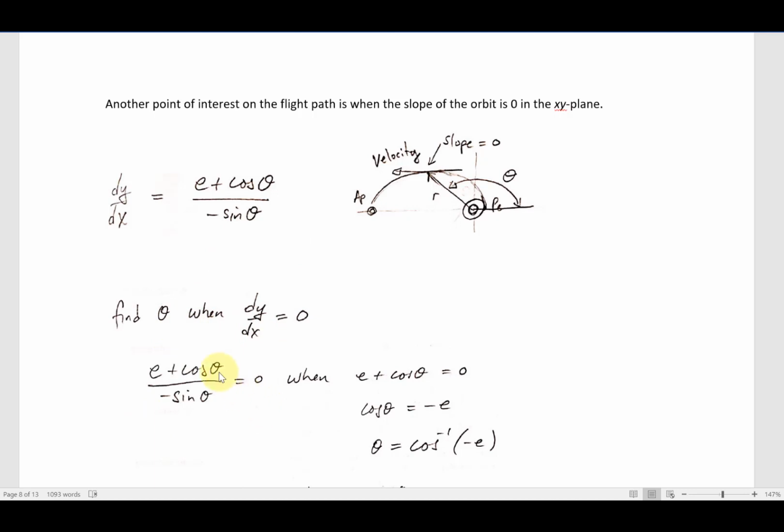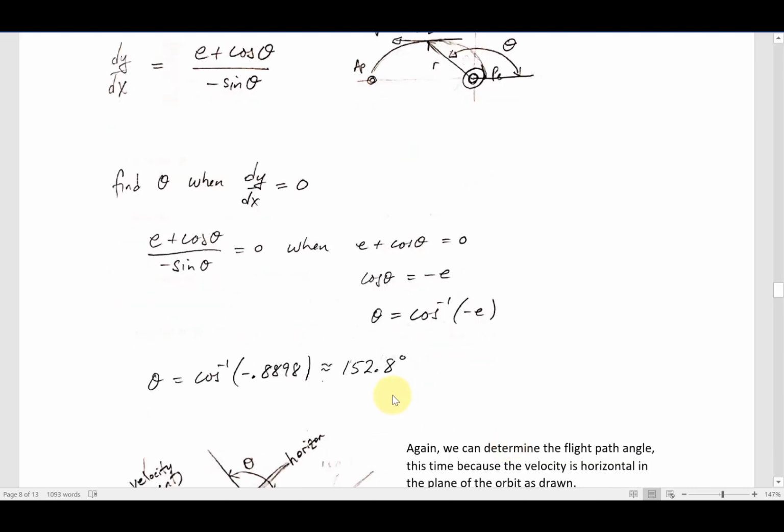That's a fraction, so it's only 0 when the top is 0. Solving, cosine theta equals negative e, the negative of the eccentricity. So theta is the inverse cosine of negative e, and whatever the eccentricity is would change for different ellipses. For this particular ellipse, we have an eccentricity of 0.8898 in our theoretical planned trajectory.